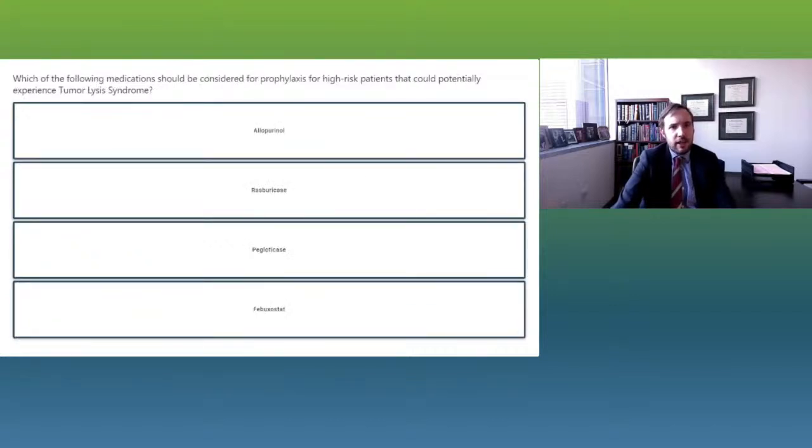And then which of the following medications should be considered for prophylaxis for high-risk patients that could potentially experience tumor lysis syndrome?